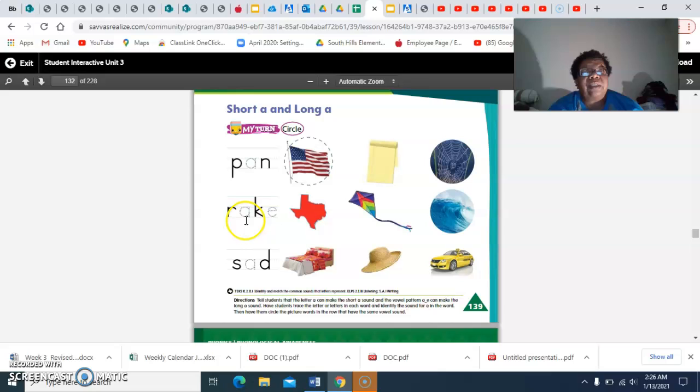For this one, it's going to be the long A sound. So find, and it's 2 pictures per row. Then we have the short A sound, and you're listening for the short A sound, and you'll pick which 2 pictures.